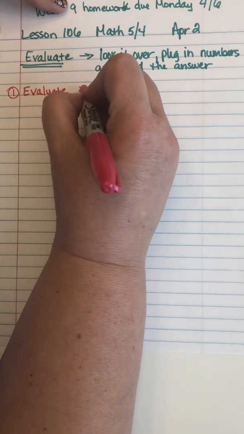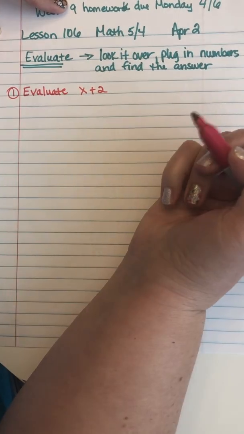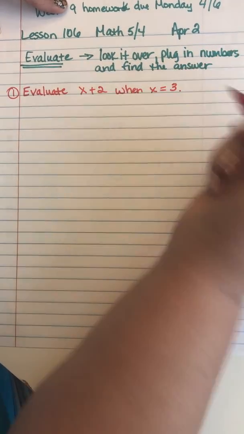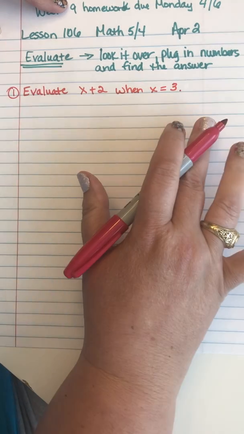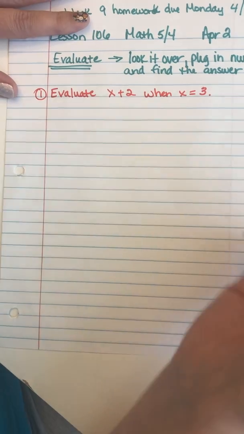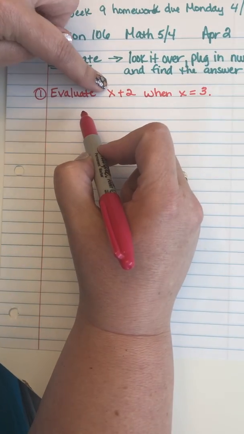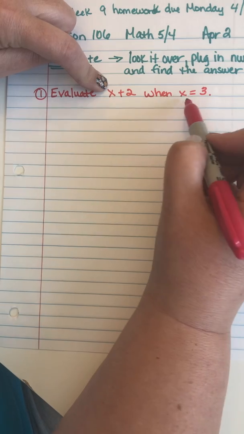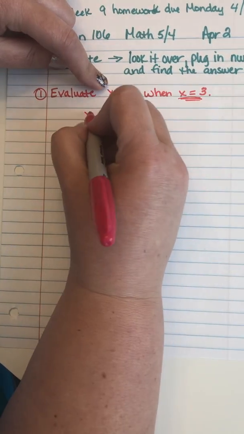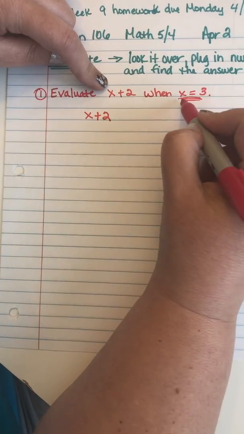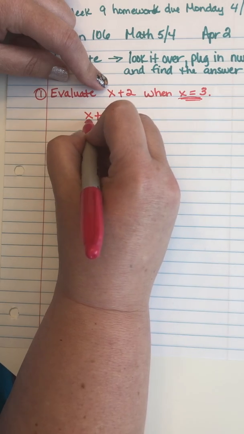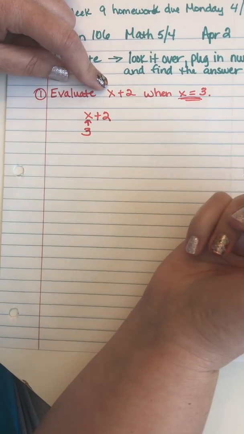It says evaluate x plus 2 when x equals 3. So it's giving you everything you need to know to solve this problem. Evaluate means look at x plus 2, plug in the numbers it's given you, and find the answer. So let's do that. X plus 2, and it tells us that x equals 3. So for my x, I'm going to plug in 3.